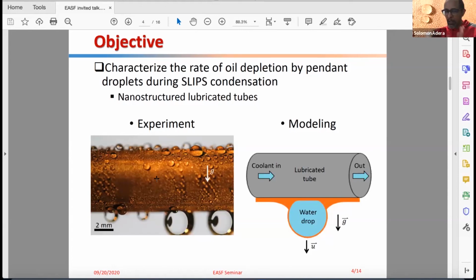Yeah. These slippery surfaces are most of the time used for condensation and reducing friction. From a mechanical standpoint, reducing friction means reducing solid-liquid contact.